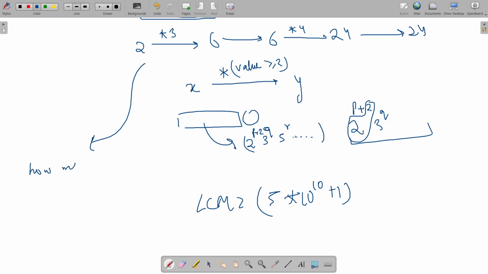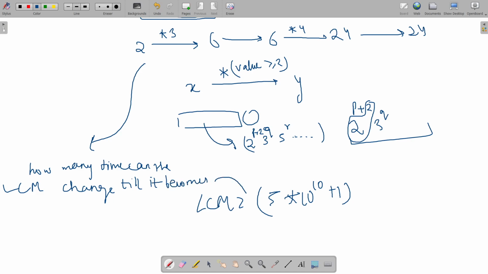How many times can the LCM change till it becomes greater than this value? Suppose for this particular I, initially your LCM is some x.